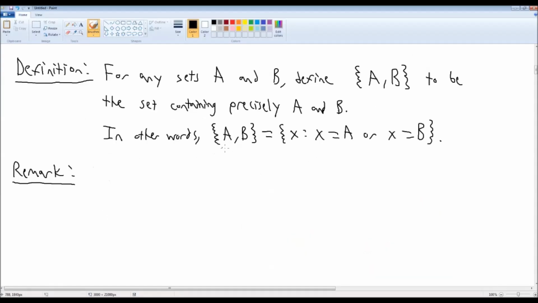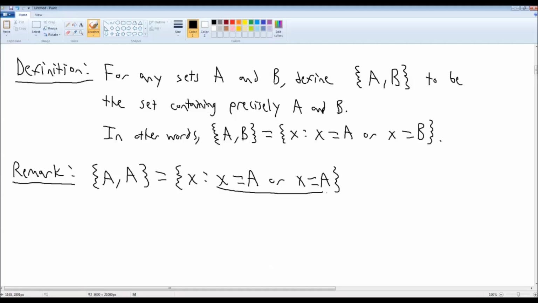Now here's a remark. Notice there's nothing that says that A and B can't be equal to each other, right? So what happens if you have this set, A comma A? Well, that's just the set of X such that X equals A or X equals A. But this part can be simplified.